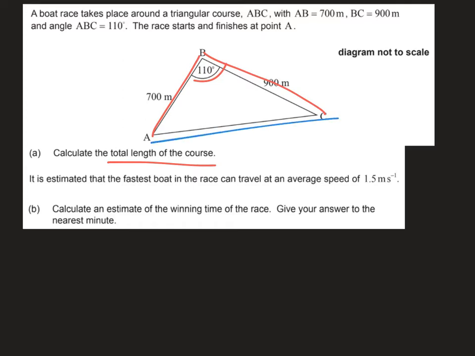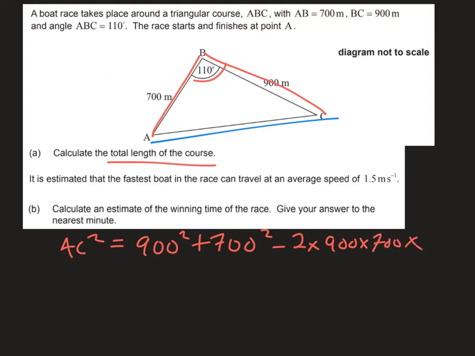So we can use the cosine rule, so we know that AC squared is going to be BC squared, so 900 squared, plus AB squared, which is 700 squared, minus 2 times 900 times 700 times the cosine of the angle between them, so cos 110.